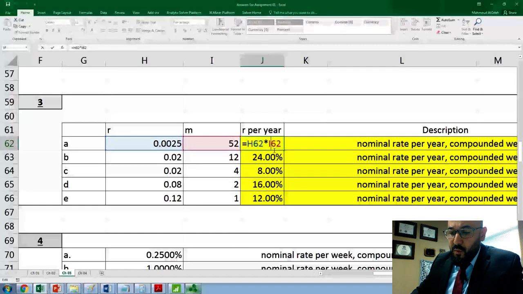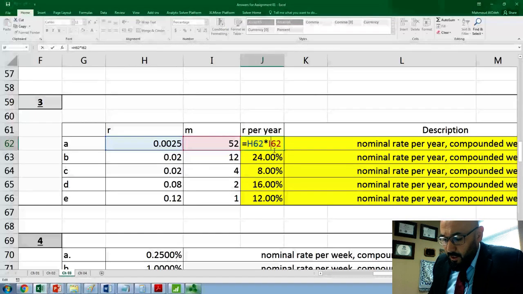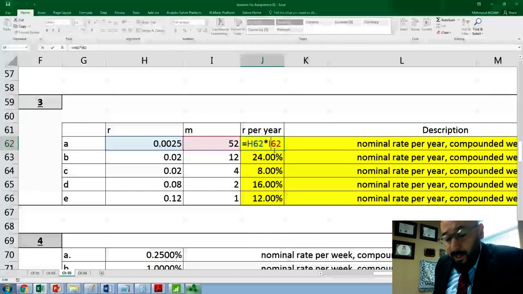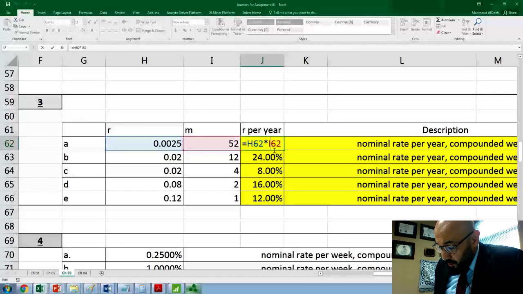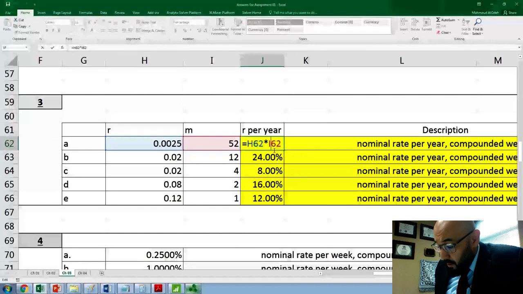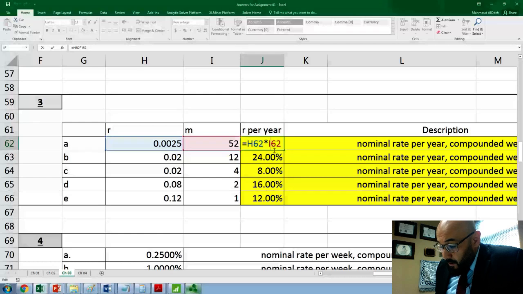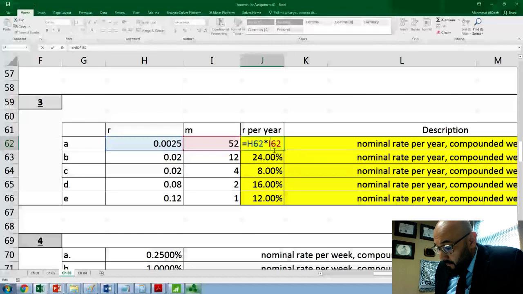Now the question is where this equation is coming from. There's an equation in the textbook on page 49, equation 3.2. R is equal to interest rate per period, especially that's for case 1 when we talked about the nominal interest rate being given for a shorter period than the needed effective time.